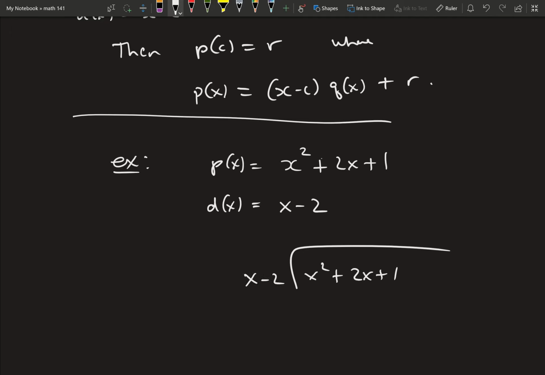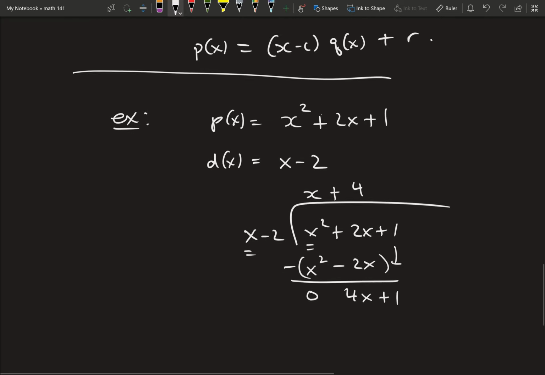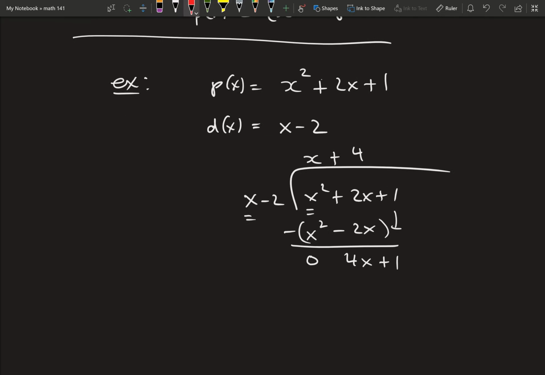What do we get? Well, the lead term divided, x squared divided by x is just x. So we get x squared minus 2x here. We subtract. We get 0, and then 2x plus 2x is 4x. Drop down the 1, we get plus 1. So we have plus 4, because the lead term divided by this lead term is just 4.